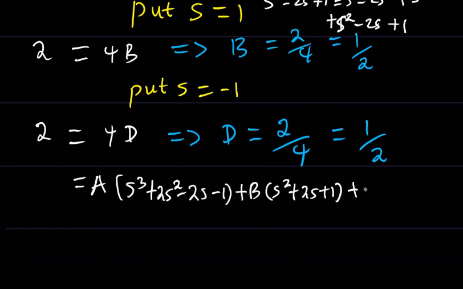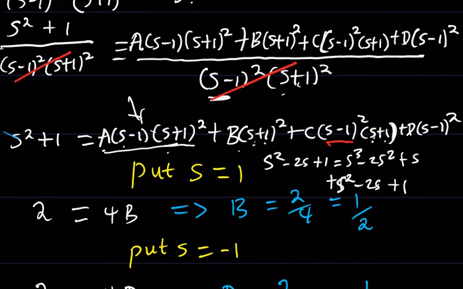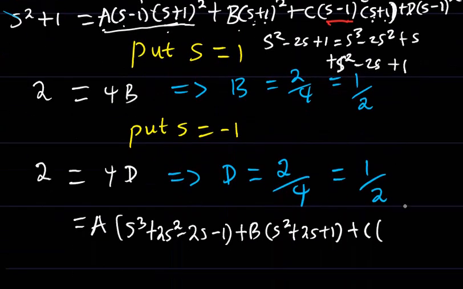So x cubed doesn't have any like term. Then I have minus 2x squared plus x squared, which of course is going to give me just minus x squared. Of course, plus x minus 2x is going to give me minus x. Then of course plus 1.